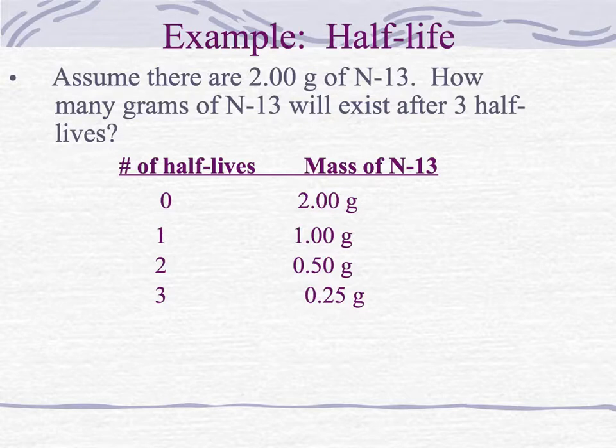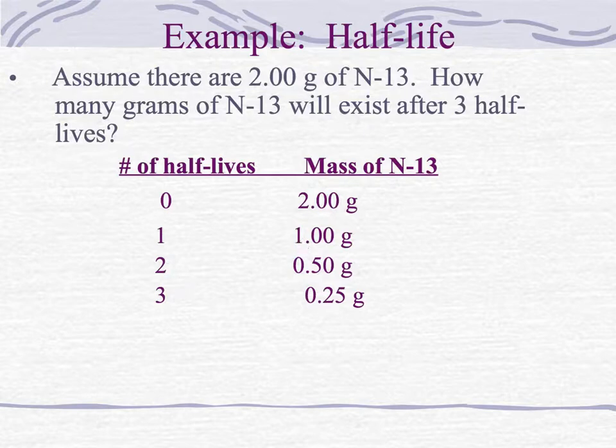This is how you could set up the problem. I put 0 half-lives here, so this is the initial. We are starting off with 2 grams. If 1 half-life passes, that means half of the 2 grams will remain. So half of 2 is 1. Take another half-life.